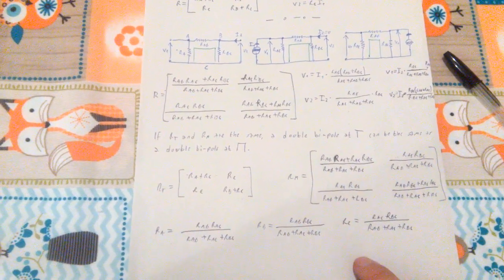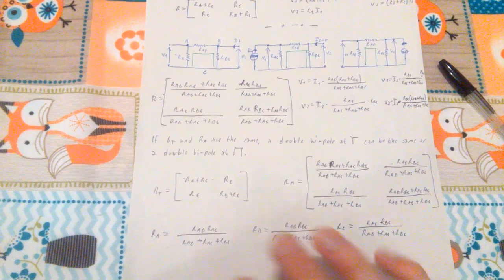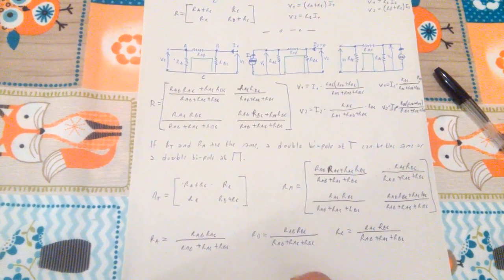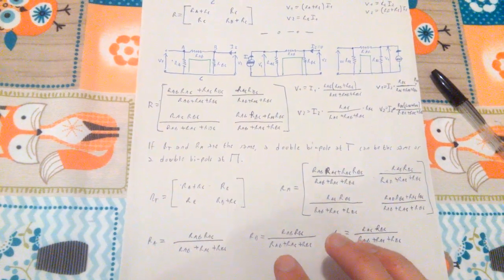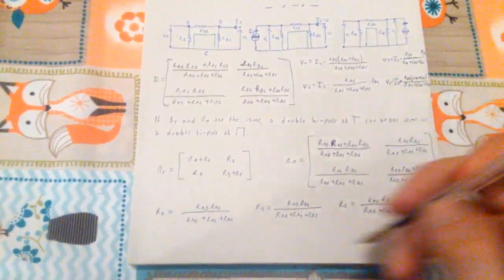And we can actually see that those three relationships correspond to the formulas of transformation from a triangle to a star.